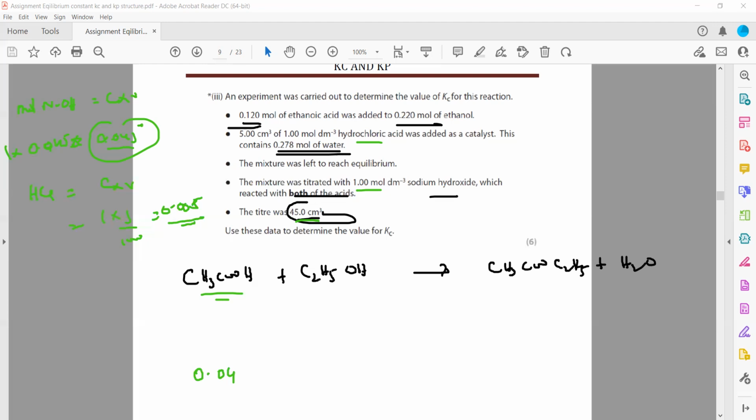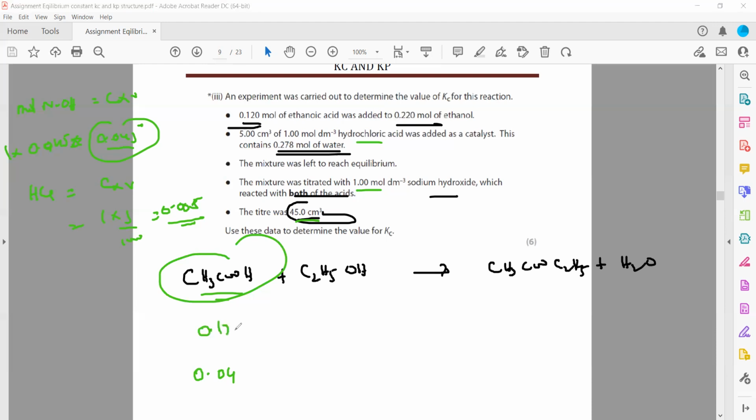Using this, we determine the moles of ethanoic acid, which is the amount left at equilibrium after reacting with sodium hydroxide. If these are the moles which are left at equilibrium, how many moles reacted?